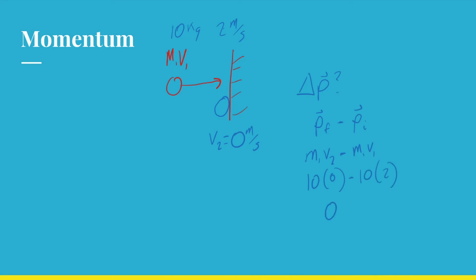So this is 0 minus 20, -20 kilogram meters per second. It was going at a momentum of 20 kilogram meters per second, and then it was stopped. So that means 20 of those units had to be taken out. This is what the change in momentum of a particular object is.